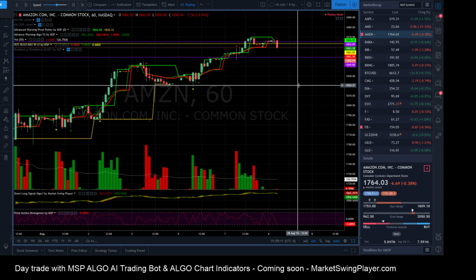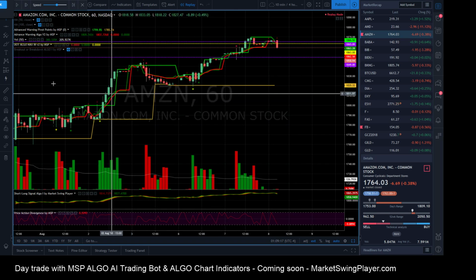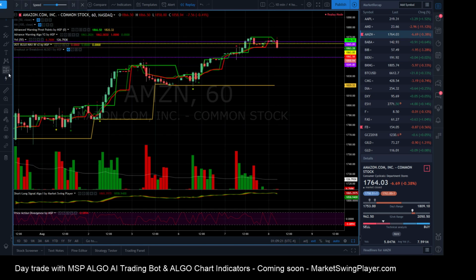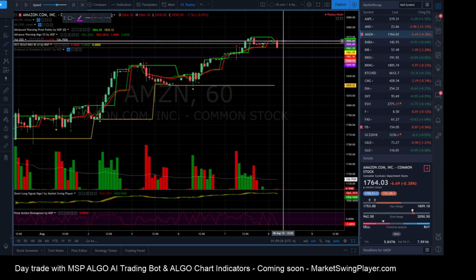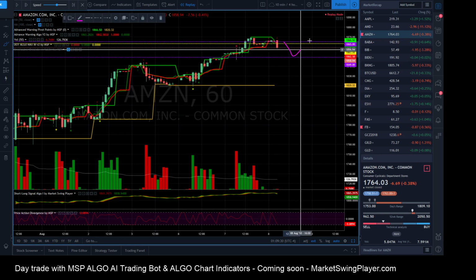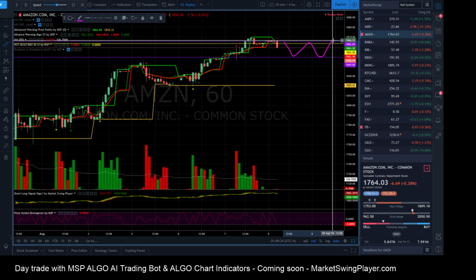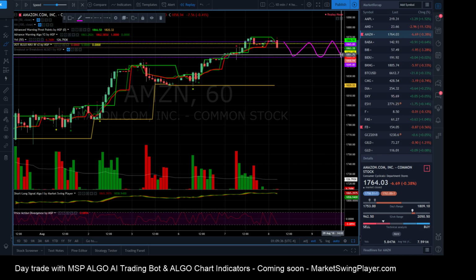Hypothetically, we should know what's going to happen today. I didn't look at Amazon, so I'm not sure what happened here. But what we're looking for is, most of the time, price stays in this range. It just really depends. If it's a chop day, it'll stay in this range.